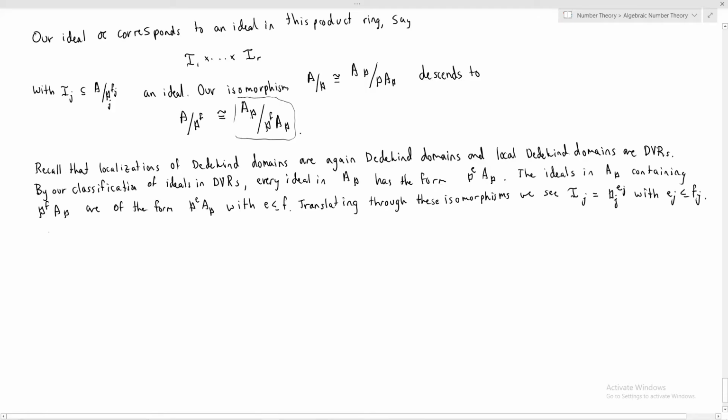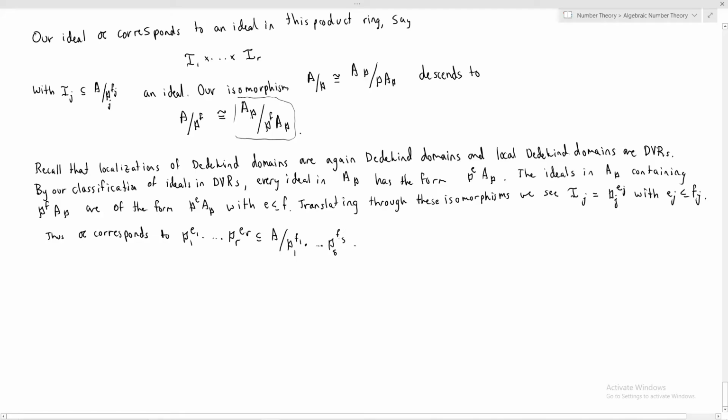So, thus, A corresponds to P1 to the E1 through PR to the ER, contained in A mod P1 to the F1 through PS to the FS.